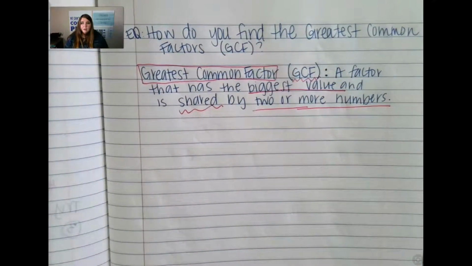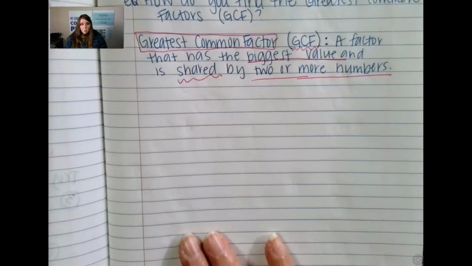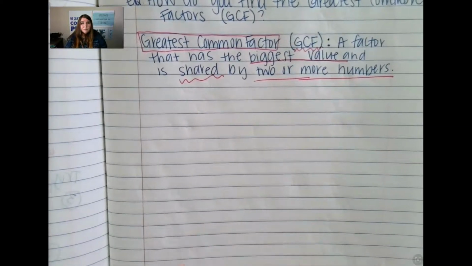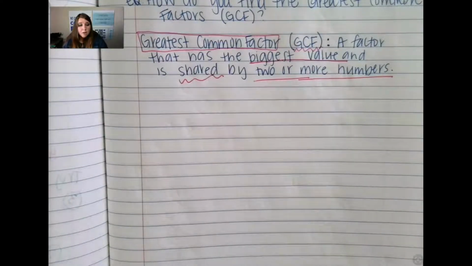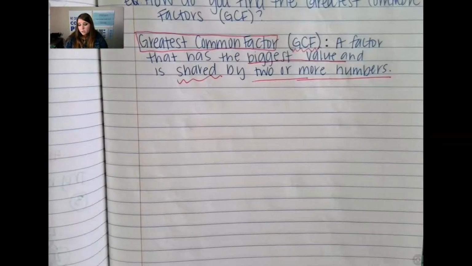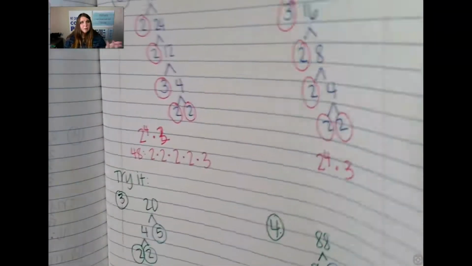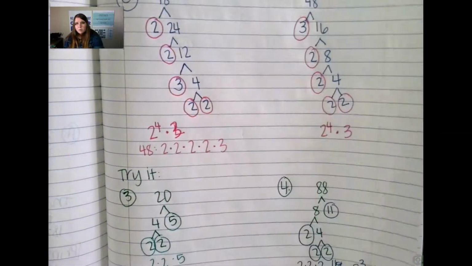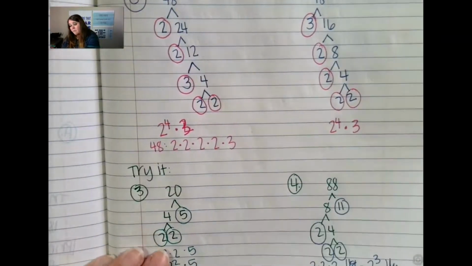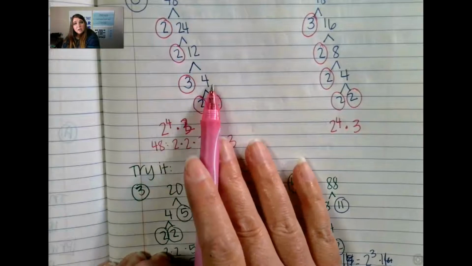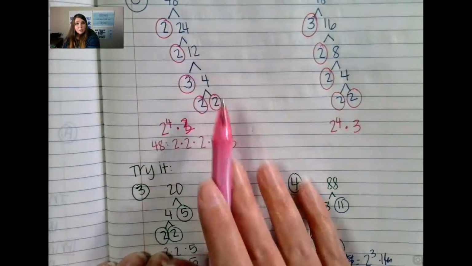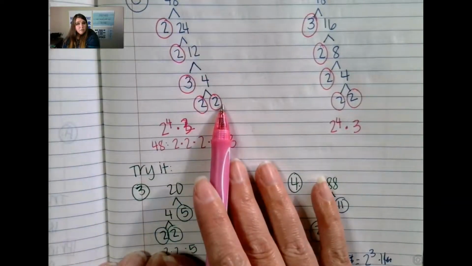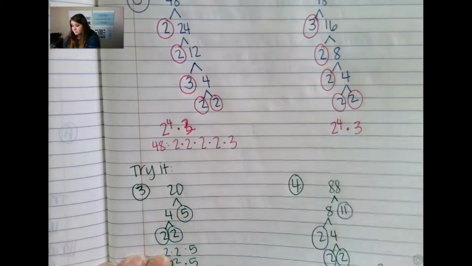Now let's talk about what this means. We're going to build on our lesson from our last lesson, when we were looking at prime factors and factor pairs, the pairs that make up the numbers. So 2 and 2 are the factors that make up 4.